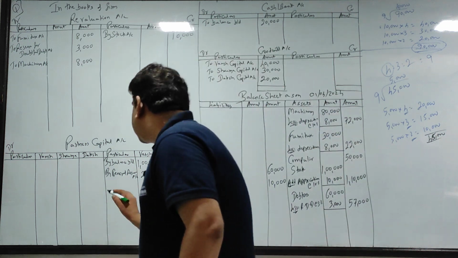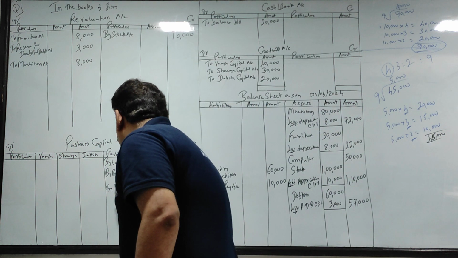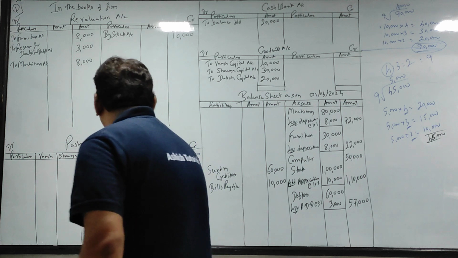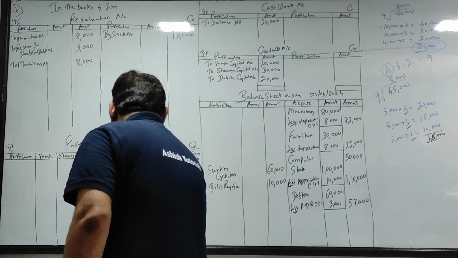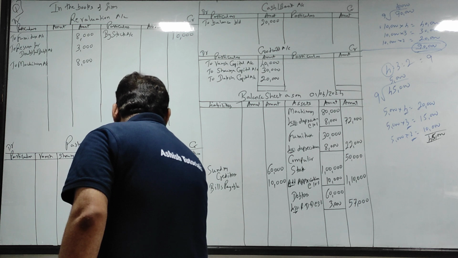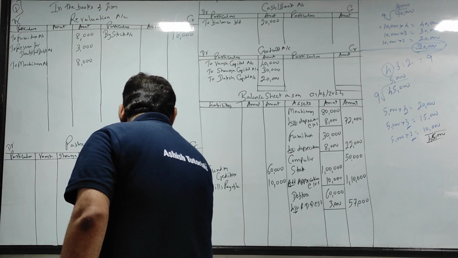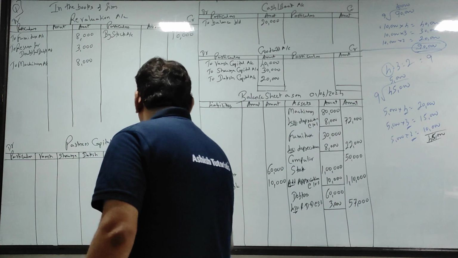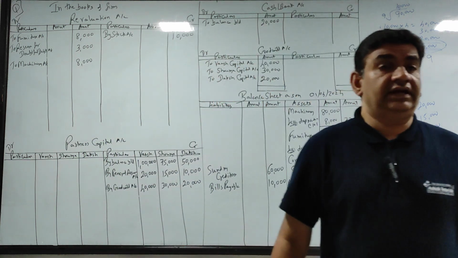Come to the credit side of capital. By goodwill account, Vansh में 40,000, Shourya में 30 and Daksh में 20.